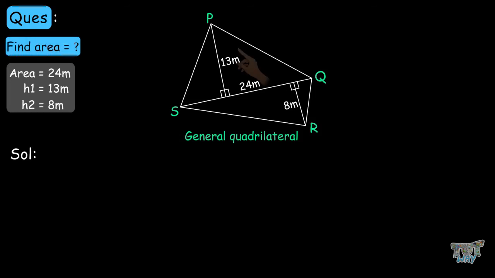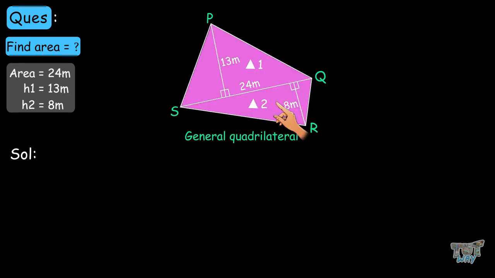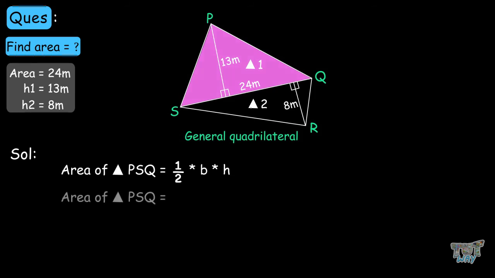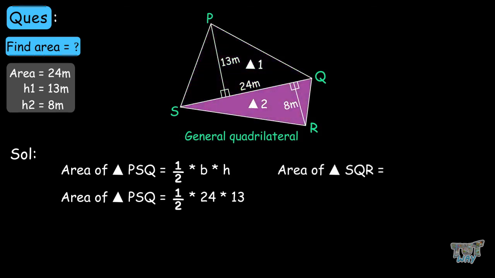We can see that it is a quadrilateral divided into two triangles with the help of the diagonal. We can add up the two areas of the triangles to get the final area of the quadrilateral. Area of triangle PSQ is half times base times height, where height is 13 and the base is 24. And area of SQR is the same.